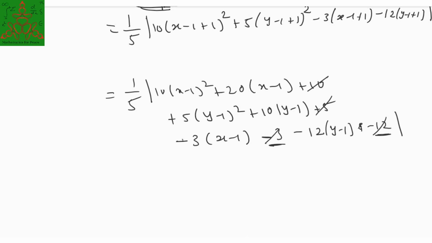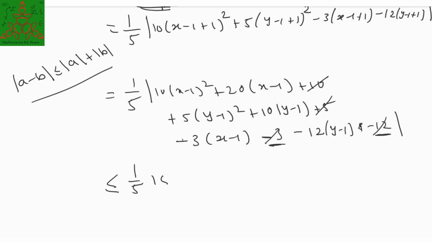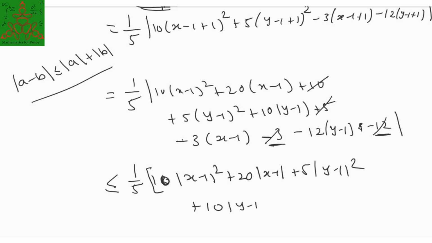So you can write, and also you know that mod of a minus b is less than or equal to mod of a plus mod of b. So using the triangle inequality, we can say that it is less than or equal to 1 by 5 times 10 mod of x minus 1 square plus 20 mod of x minus 1 plus 5 mod of y minus 1 square plus 10 mod of y minus 1 plus 3 mod of x minus 1 plus 12 mod of y minus 1.